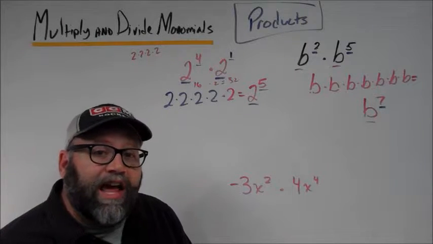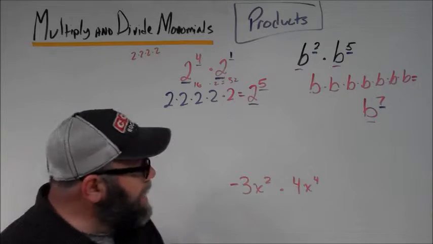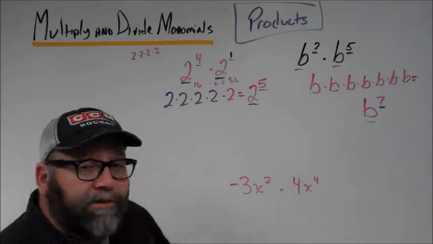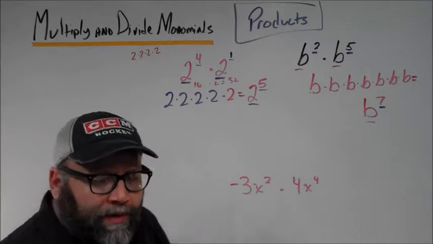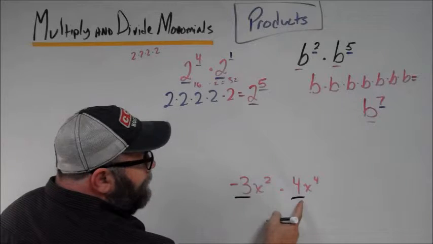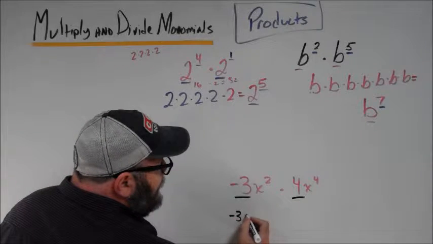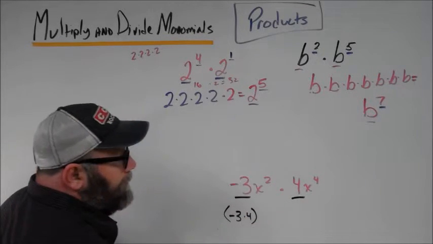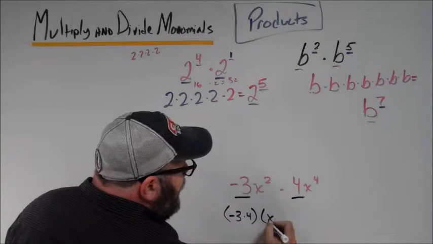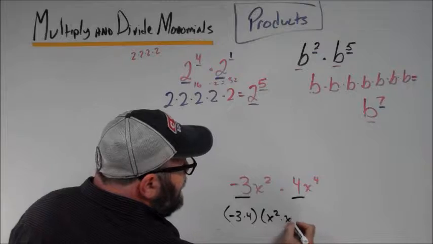Okay? Now, this is a special case down here, so we'll look at this a little bit differently. When we see things that have different coefficients, we're going to have to multiply those coefficients together separately. So in this, we're going to take our negative 3 and our 4, and we're going to say negative 3 times 4. That's one part. Then the next part will be x squared times x to the 4th.